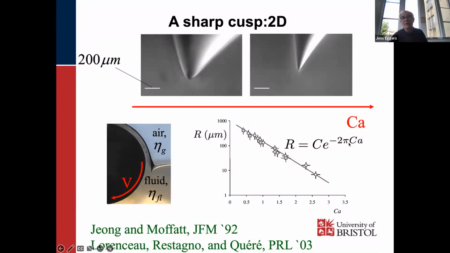So if you see a capillary number, you should always just think of a flow speed in some dimensionless form, which takes care of the surface tension.